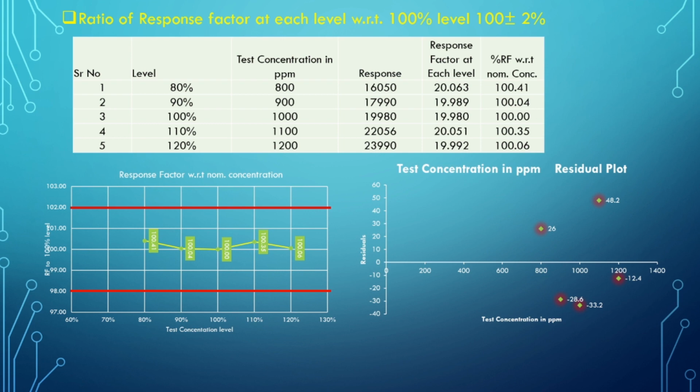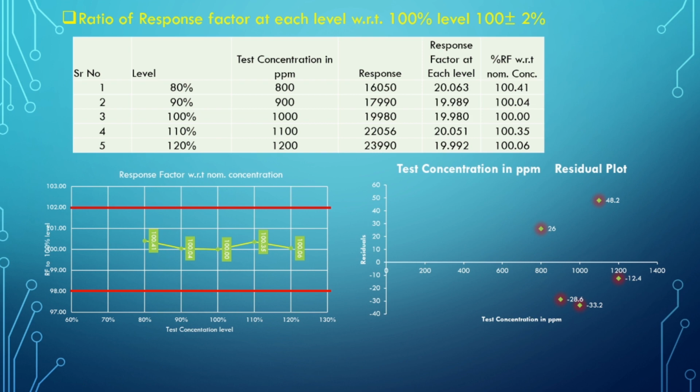At the 90 percent level, again the response is 17990. The relative response factor, that is 17990 divided by 900 ppm, you will get 19.989. The ratio between the relative response factor at 90 percent and 100 percent, 19.989 divided by 19.980, will be 100.04.